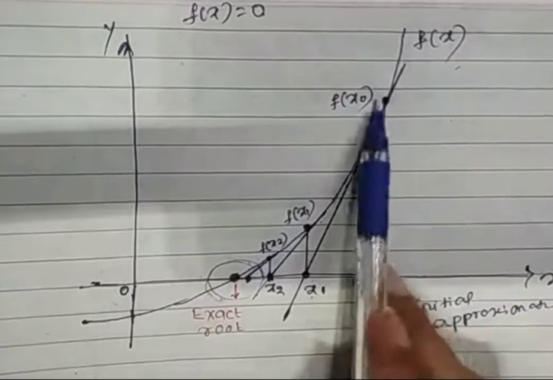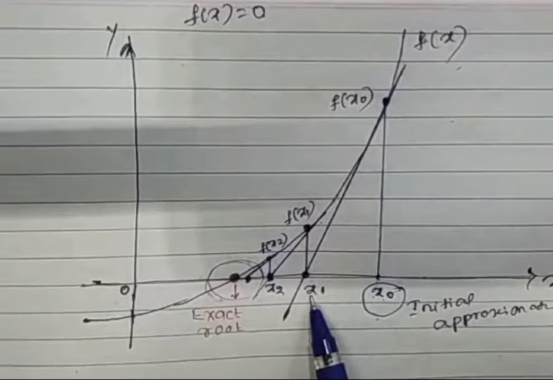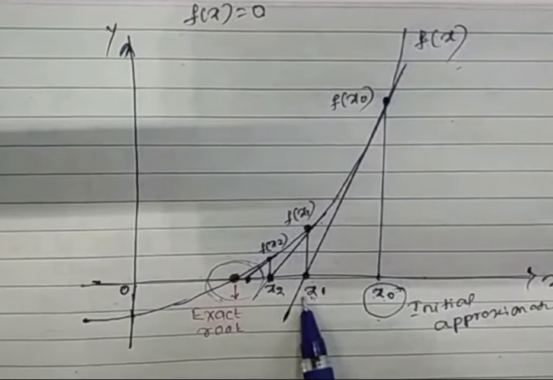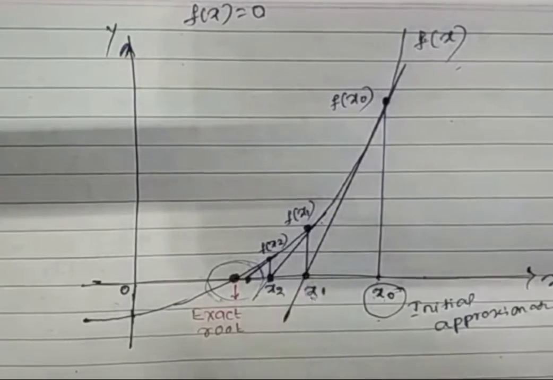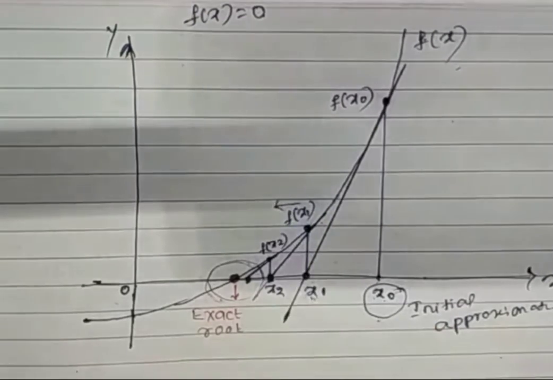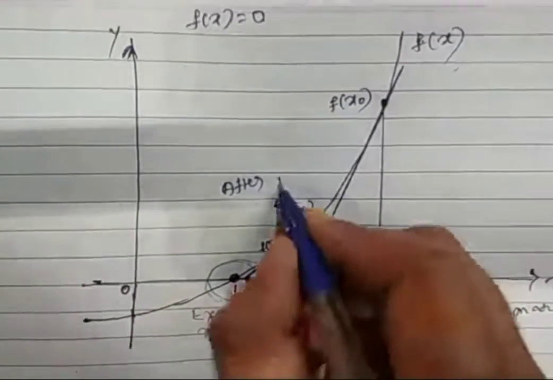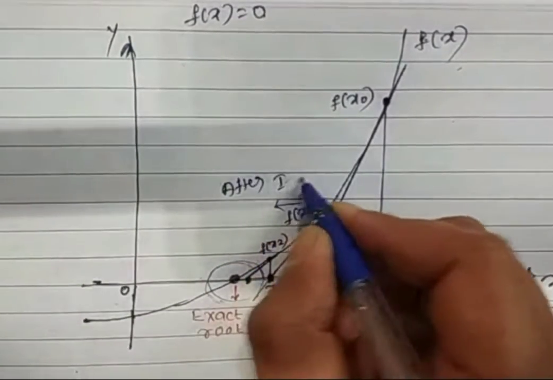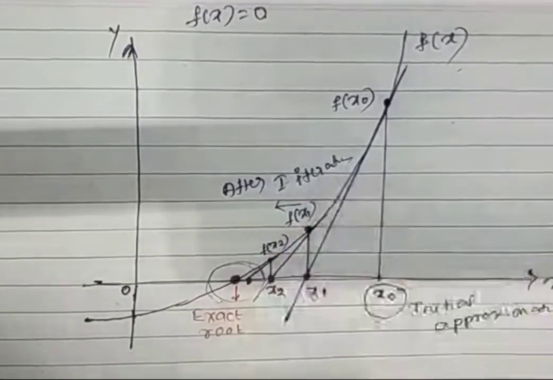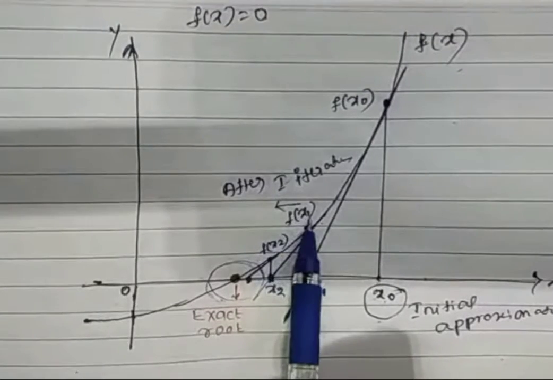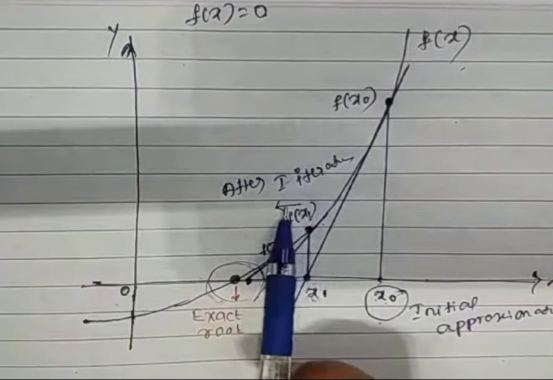From x naught we get f of x naught. Draw a tangent line. Again one more point we get, that point is x1. From x1 draw a straight line to the curve, we get f of x1. This f of x1 is the result after the first iteration, or the first approximation.